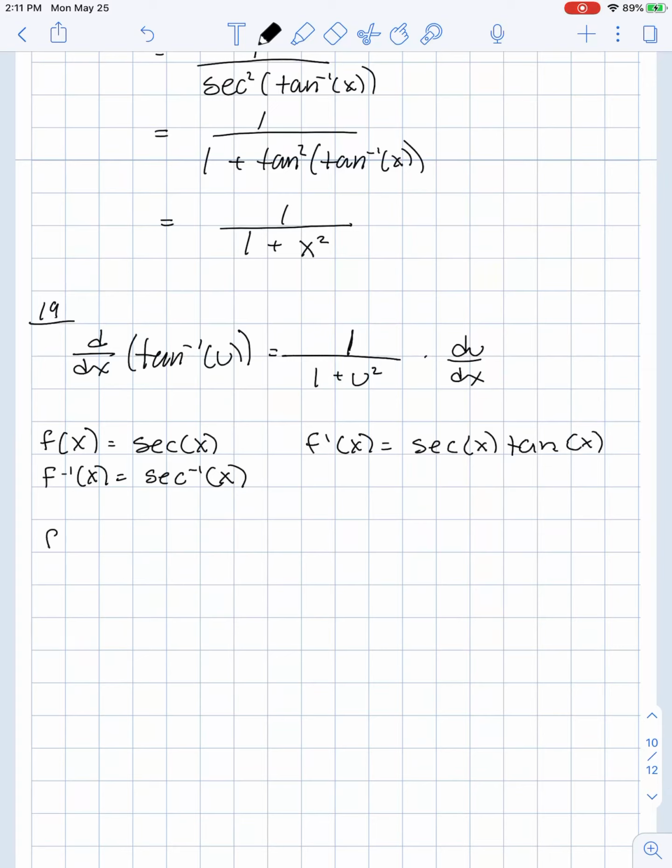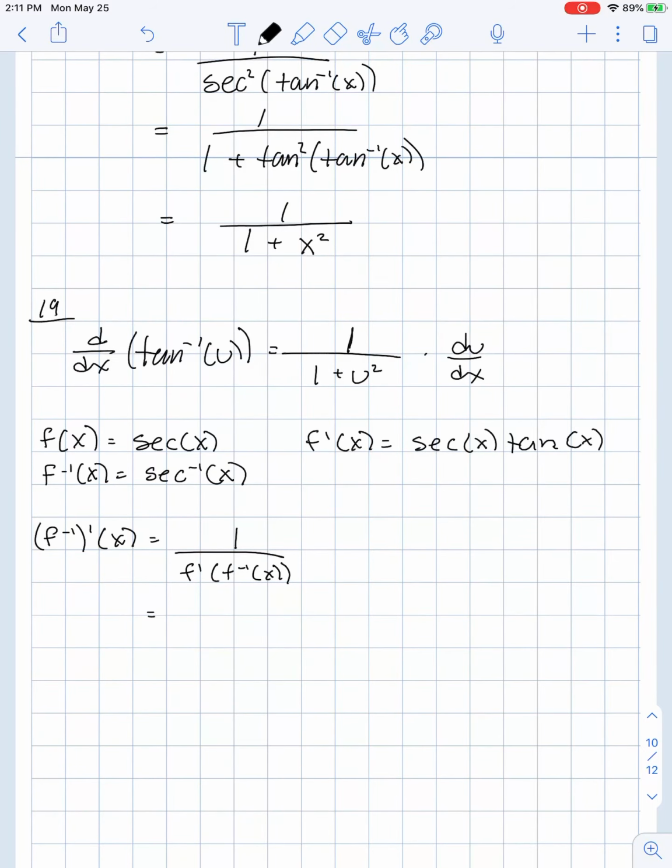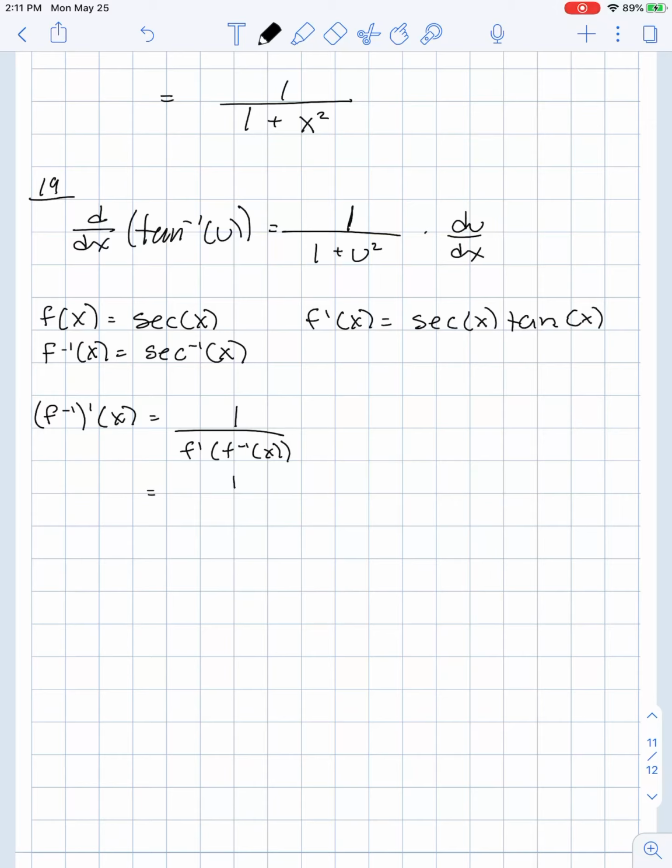So the derivative of the inverse is 1 over the derivative of the original, evaluated at the inverse. So we're going to have 1 over secant of the inverse function times tangent of the inverse function.